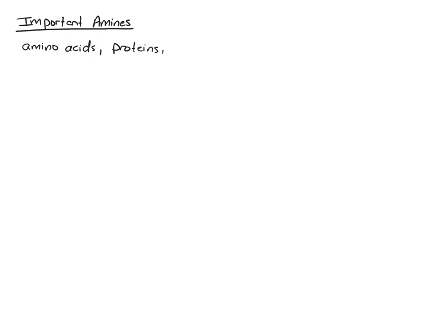Then DNA and RNA contain the bases connected like adenine, guanine, cytosine. And if we get a chance later in the semester, we will look a little bit at the structure of DNA and RNA.